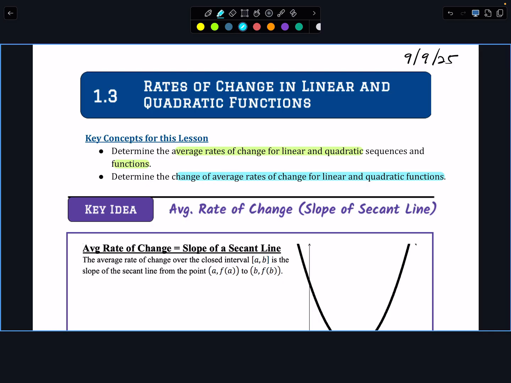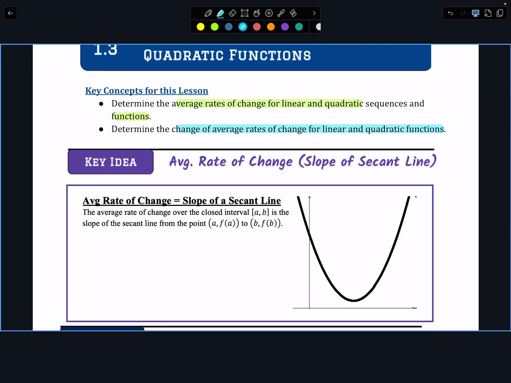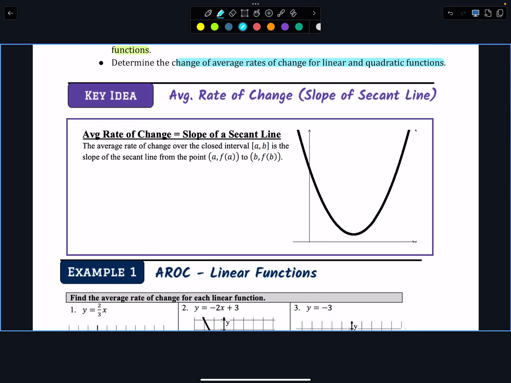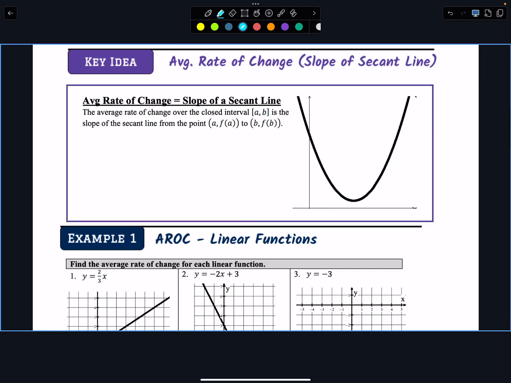Okay. So the first thing that we're going to talk about is the average rate of change, which is also referred to as the slope of the secant line.